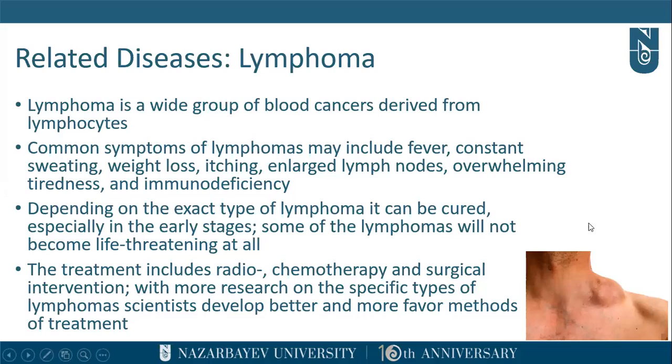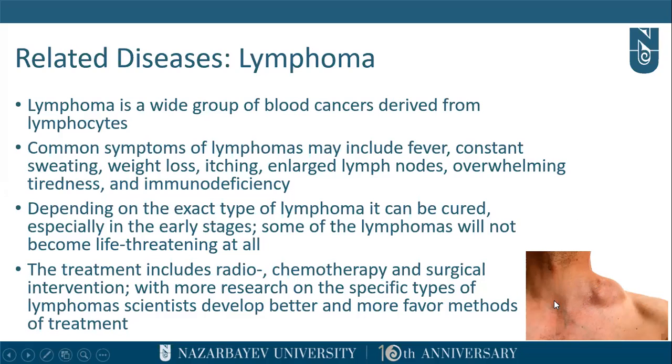Another form of immune disease is lymphoma. As you can see, there is this bump, and we have lymphs there. So what we have here is a type of cancer that is derived from the lymphocytes. And lymphocytes, as you learned, are B lymphocytes, B cells, and T cells, right?